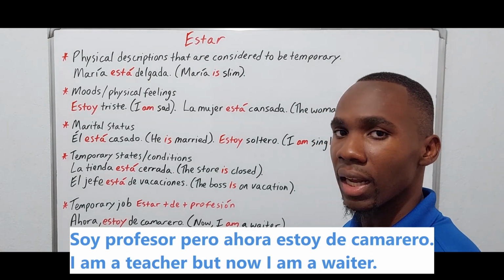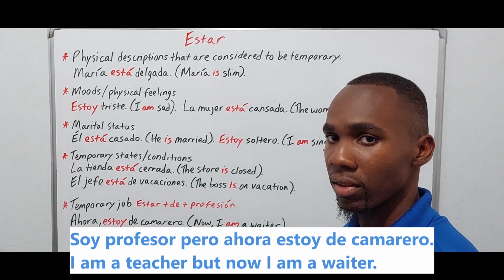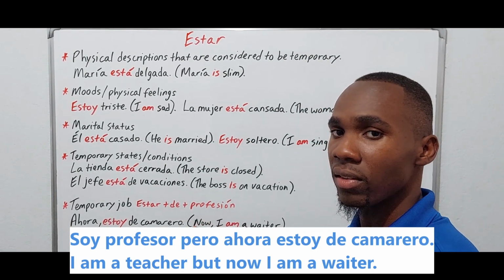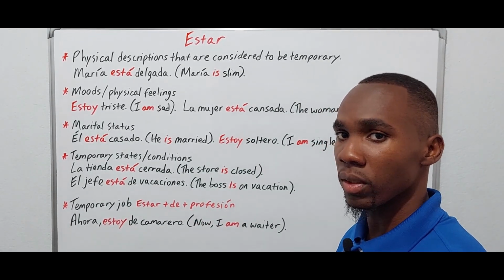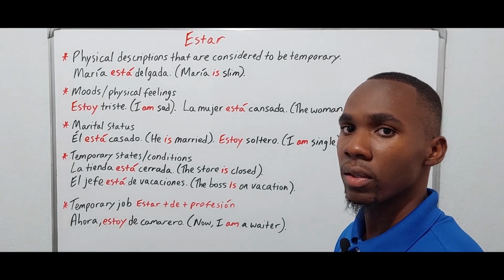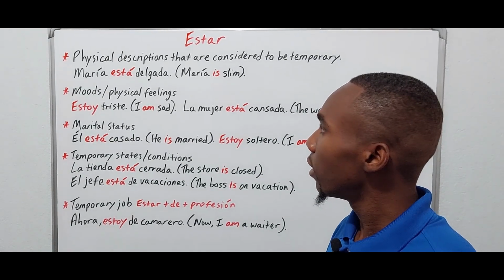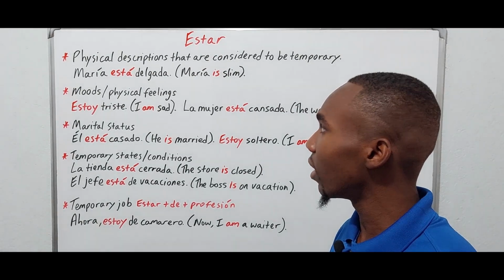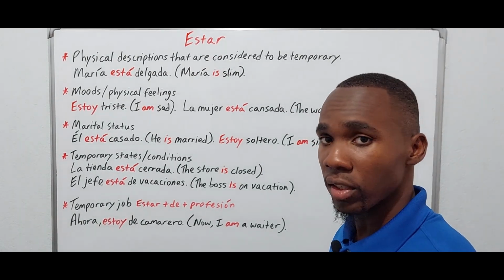So that's the idea that estar is conveying in this context, that whatever job this is, it's just something that I'm doing at the moment, but this will be temporary. Alright? Alright, so those are 5 contexts in which estar is used, and we continue.